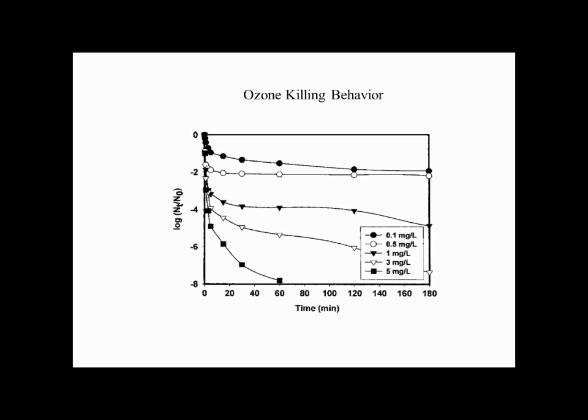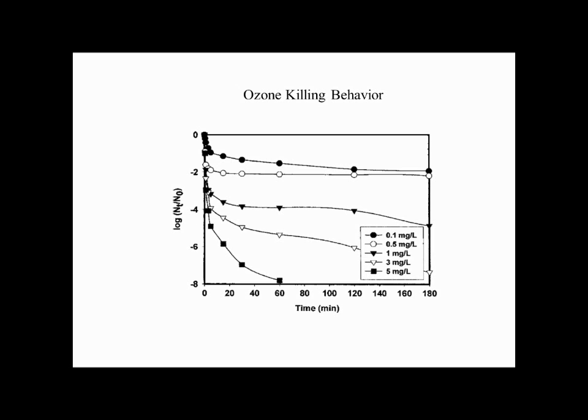And so if we wanted a 2-decade reduction, like we talked about, we would start at 0 and we'd go to -2. And according to this graph, you would need 0.5 milligram per litre. And for the first 10 to 15 minutes, you kill everything. But after that, you don't kill anything extra. And the reason for that is the ozone's all gone.